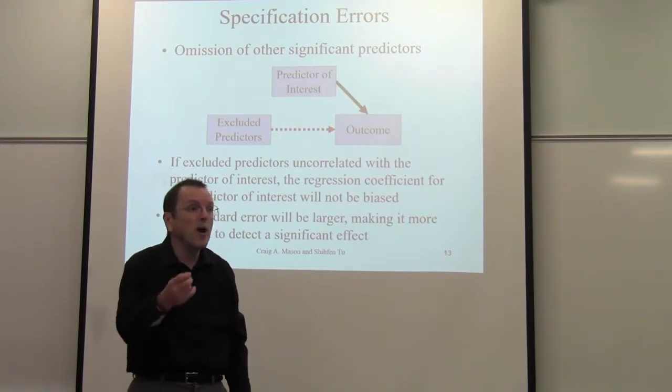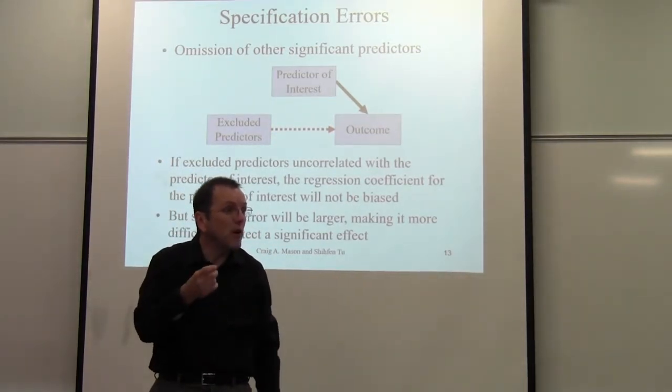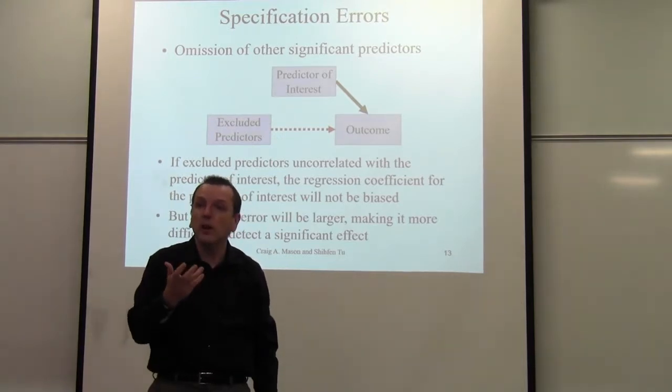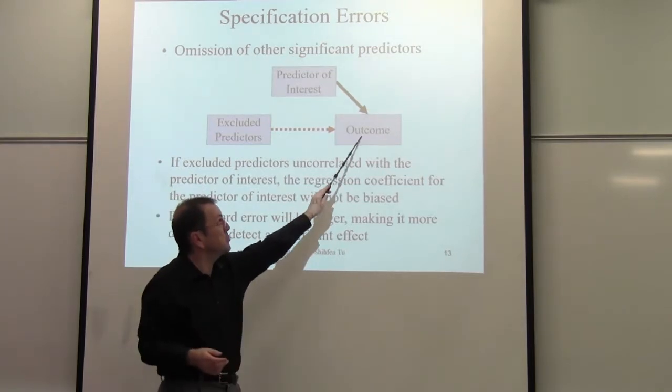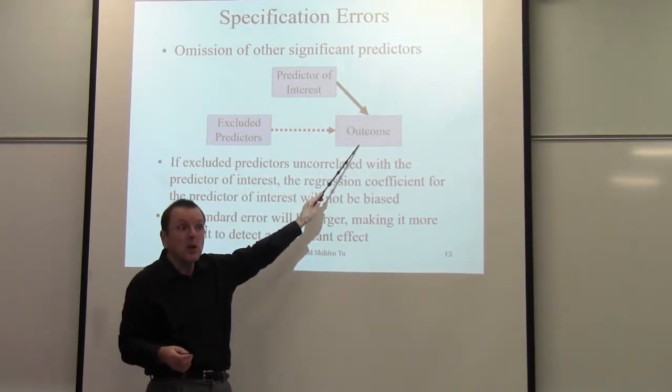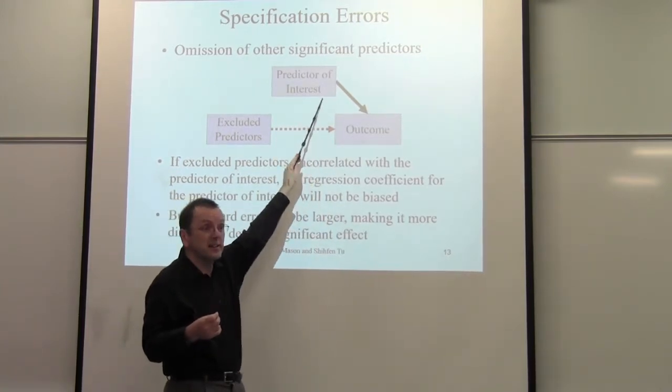So even though not including it doesn't bias the results, if there are variables that are uncorrelated, not a common cause, and pretty big predictors of the outcome, you may want to include them because it'll make it easier to detect this effect.